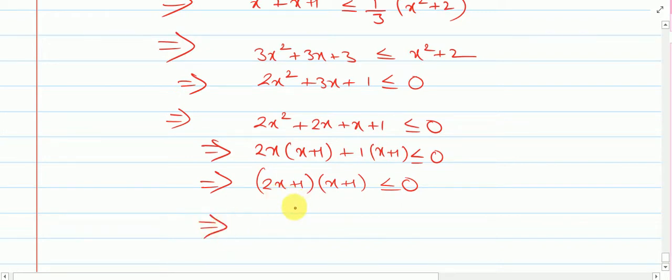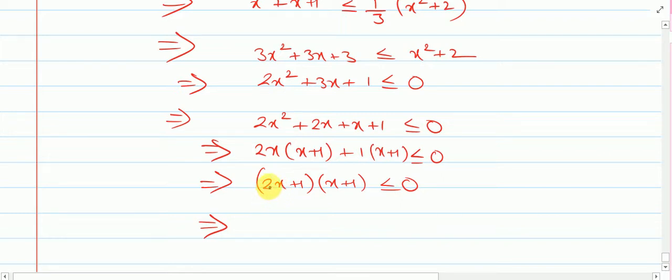And once you have factorized, what you are supposed to do is, you should not have a plus sign over here, you should keep minus. And in front of x, as the coefficient of x, you should have only 1.